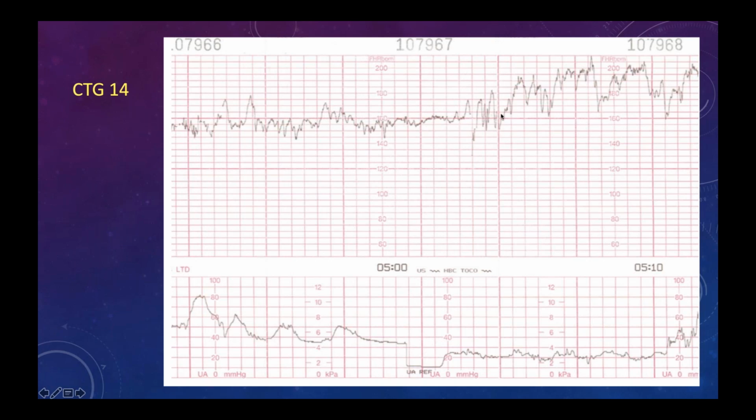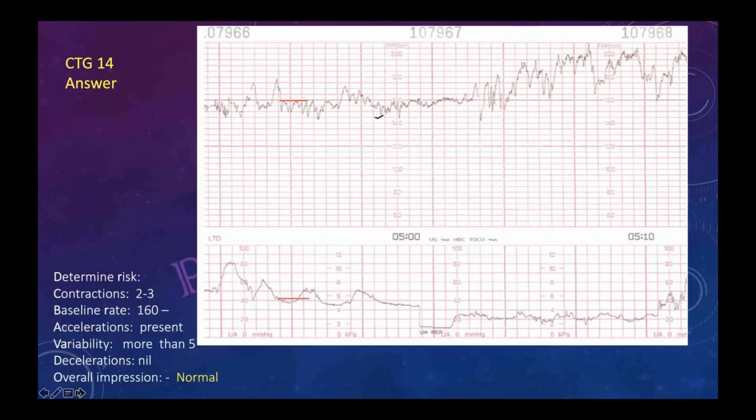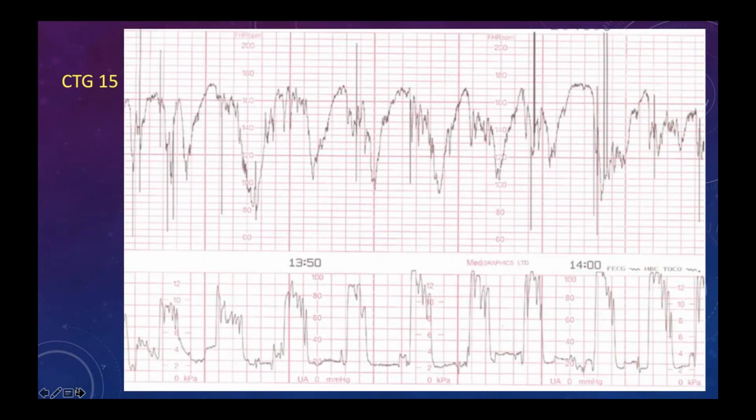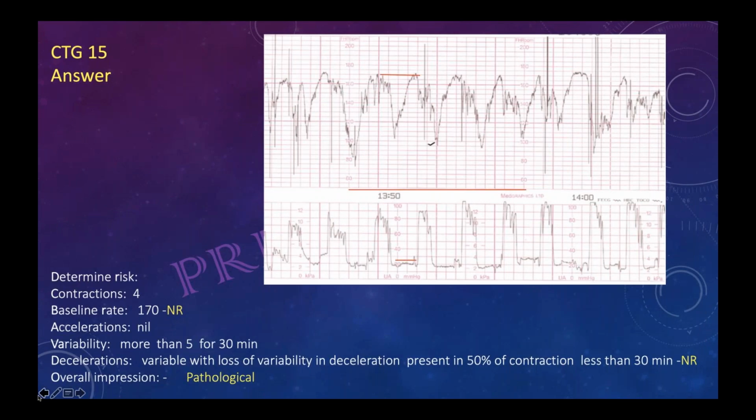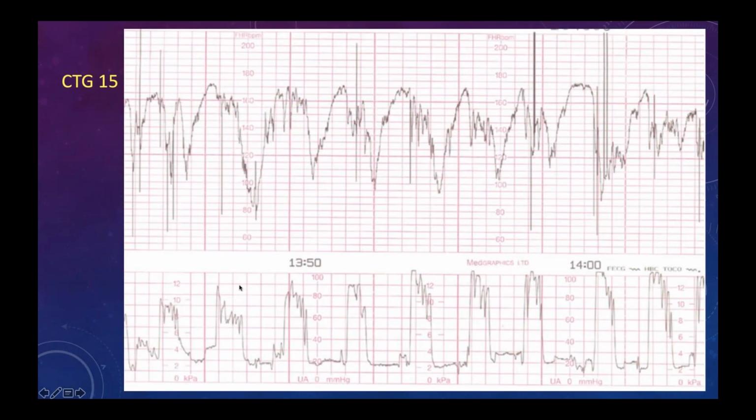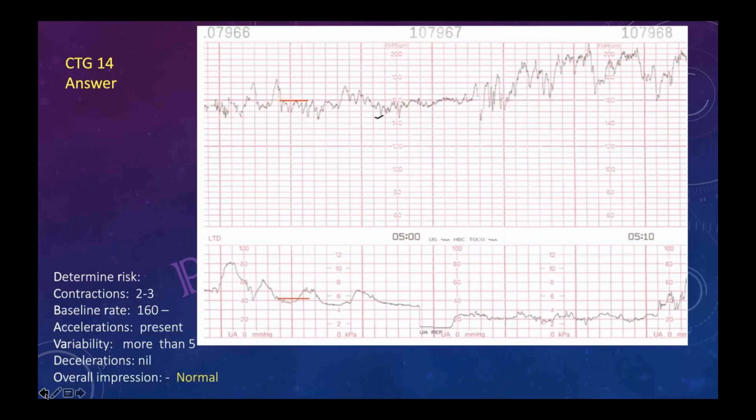So it's fine. Yeah, 160. So these are accelerations. And deceleration is not there, significant, and variability is fine. So this is normal CTG. Okay, sorry, so this is normal.